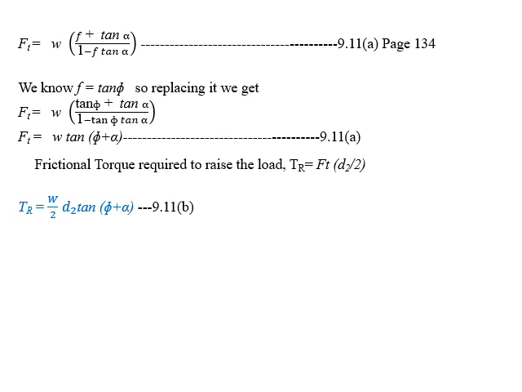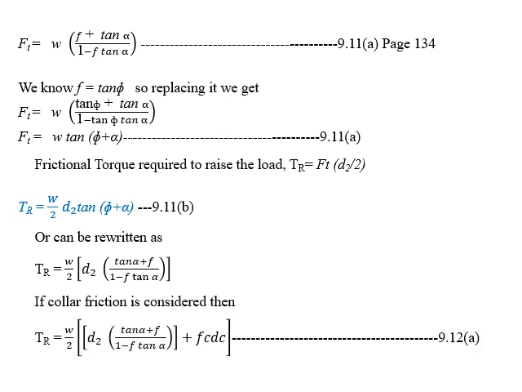So wherever Ft, we can replace that with W tan(phi plus alpha). So you can rewrite it as Tr is equal to W by 2 d2 into tan(phi plus alpha), or you can rewrite it as Tr is equal to W by 2 d2 (tan alpha plus f) divided by (1 minus f tan alpha). Wherever the tan phi, you replace with f, the coefficient of friction. Or you can add collar friction.